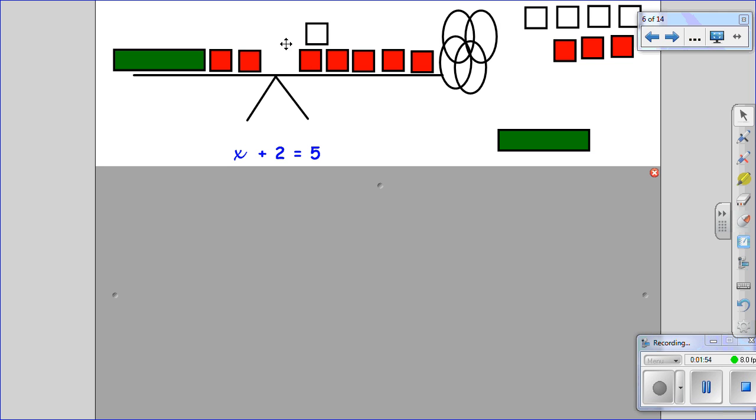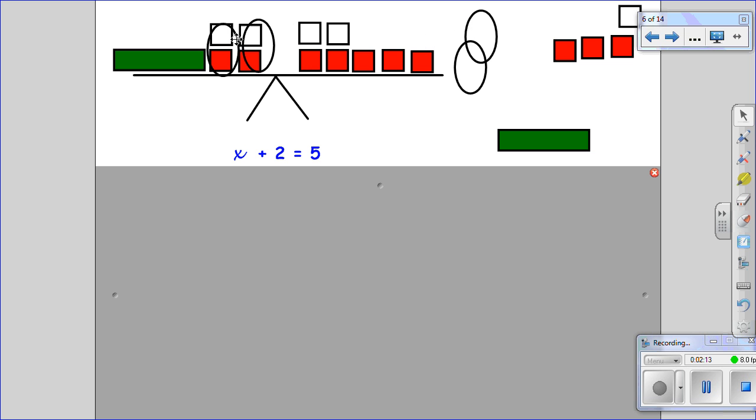I need to create some zeros. So for each positive one, I need to put a negative 1. Now, if I do that on the left side of the scale, I have to do it on the right side, because otherwise the scale is not balanced and will tip. Now if I look, I've actually now got a few zeros.